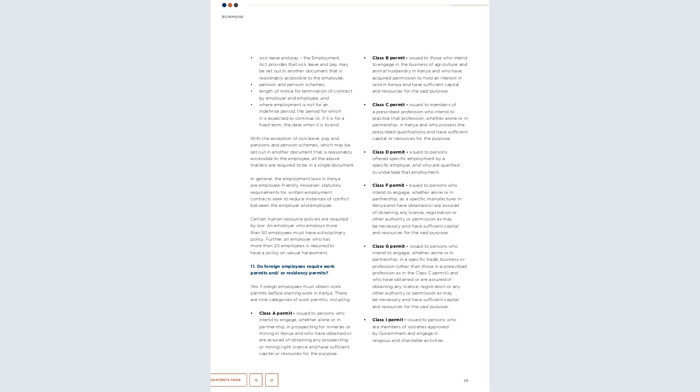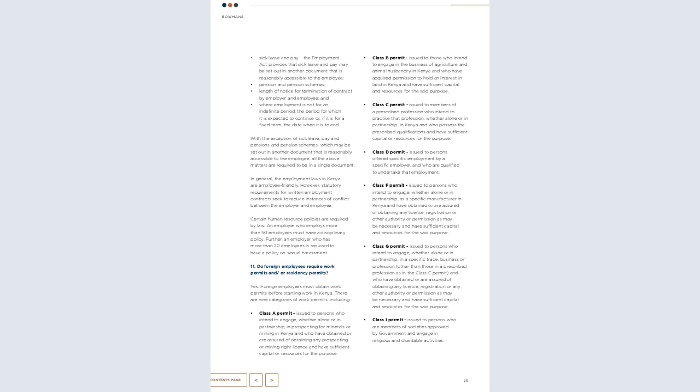Where employment is not for an indefinite period, the period for which it is expected to continue, or if it is for a fixed term, the end date should be noted. With the exception of sick leave pay, pensions and pension schemes, which may be set out in another document reasonably accessible to the employee, the above matters are required to be in a single document.